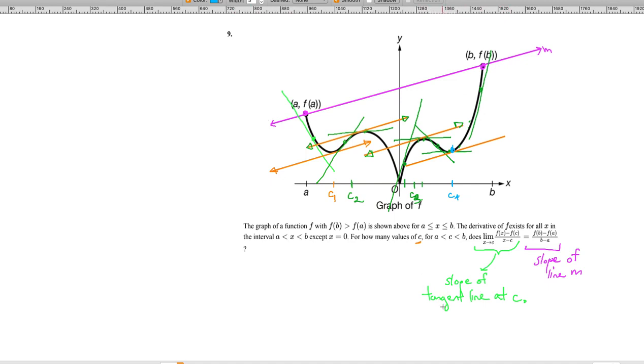Because the key is interpreting this equation. The right-hand side is the slope of the line joining these 2 points.